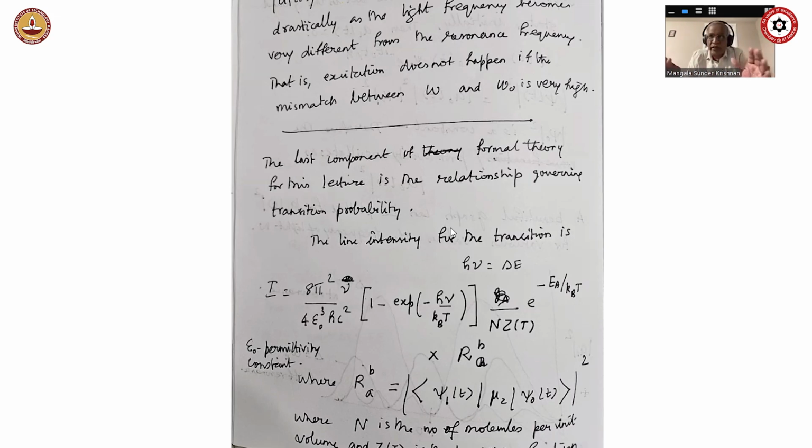They are the same everywhere, whether you do vibration, rotation, electronic transition, or X-ray. It does not matter. These rules are fundamental to the whole of spectroscopy, and they constitute the basic principles. The dipole moment of the molecule is important, either a permanent dipole moment or a changing dipole moment.